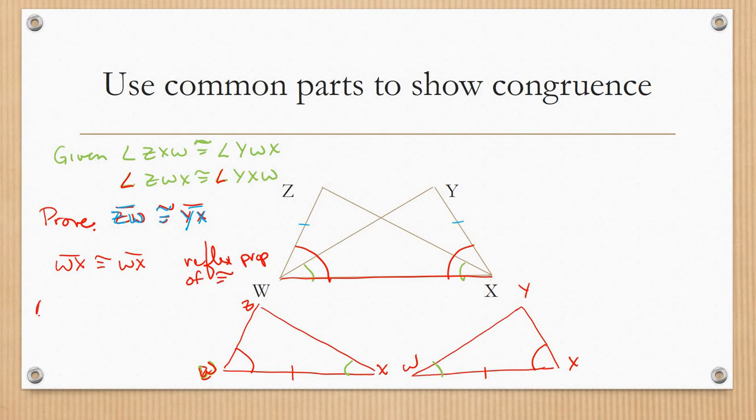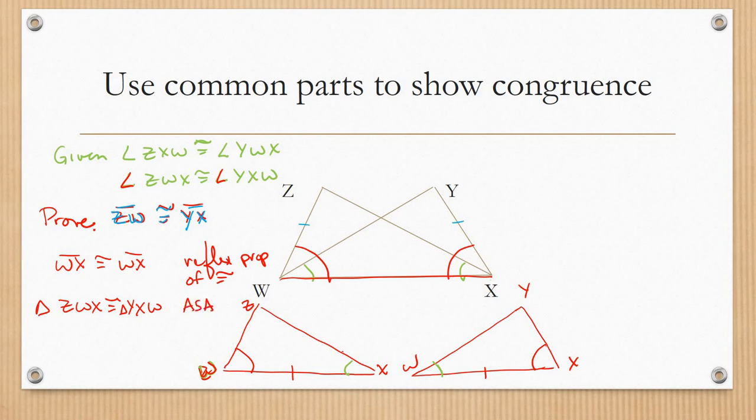So I've shown that with WX congruent to WX by the reflexive property, I can now show the triangle ZWX is congruent to triangle YXW, and that's angle, side, angle.